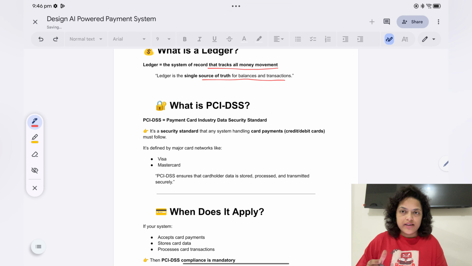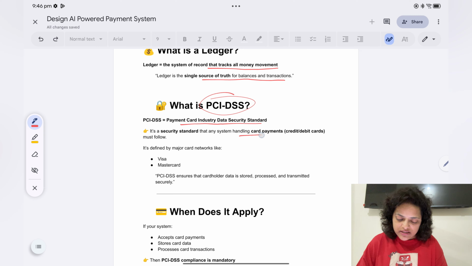What is PCI-DSS? This is very important, and very interesting also. PCI-DSS is the Payment Card Industry Data Security Standard. It's a security standard that any system handling card payments, credit card or debit card, must follow. If your application is handling card payments, then you need to follow these rules.